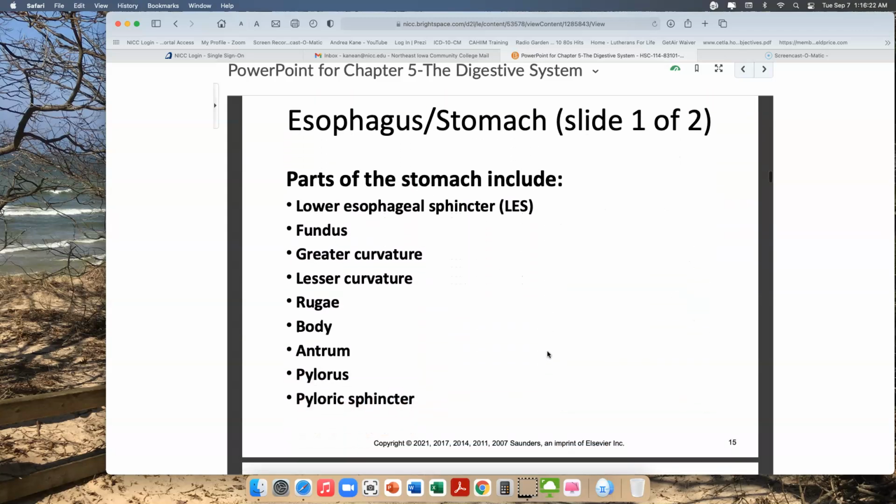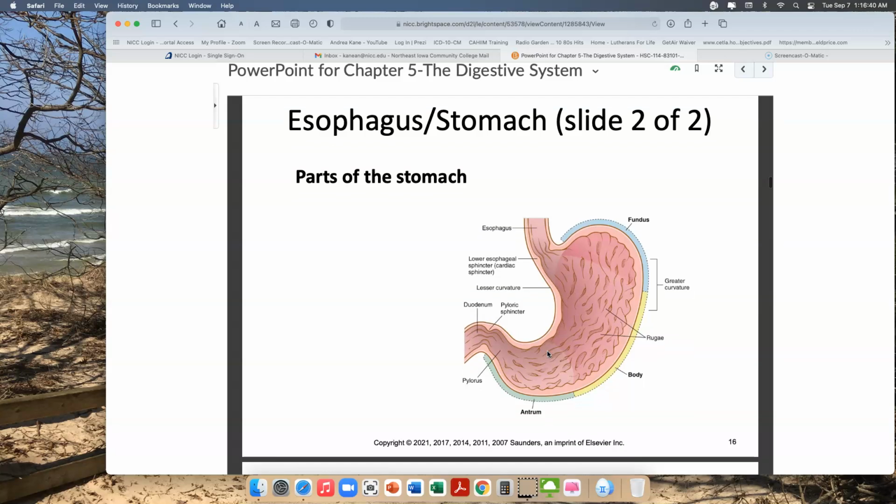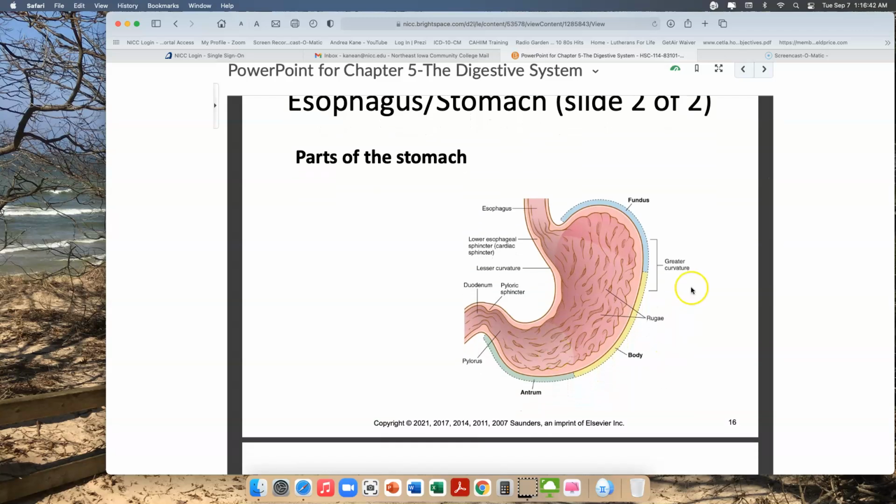All right, moving on to the esophagus stomach. The parts of the stomach include the lower esophageal sphincter, the fundus, greater curvature, lesser curvature, rugae, body, antrum, pylorus, and pyloric sphincter. Pyloric sphincter. And this is a visual showing us those parts of the stomach.